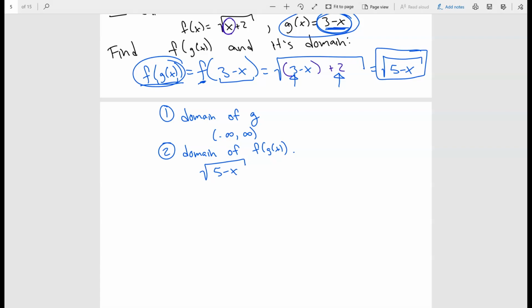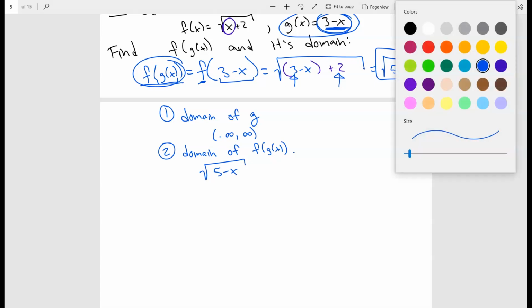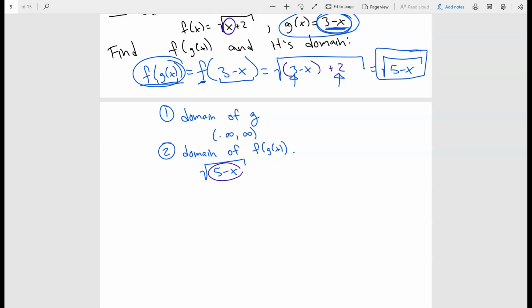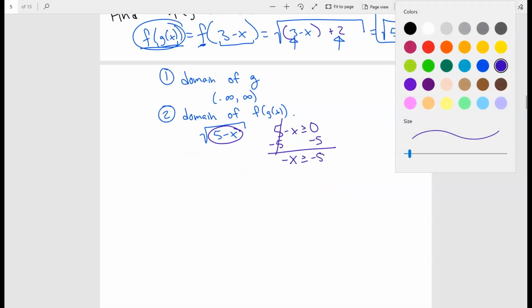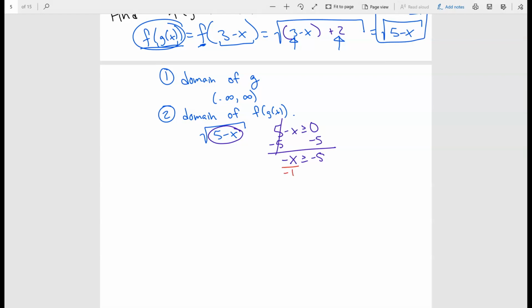Remember, with square roots, we take the inside and set it greater than or equal to 0. So we subtract 5, and we have negative x is greater than or equal to negative 5. We're going to divide by negative 1, but remember, when we divide by a negative within an inequality, the sign changes to a less than.